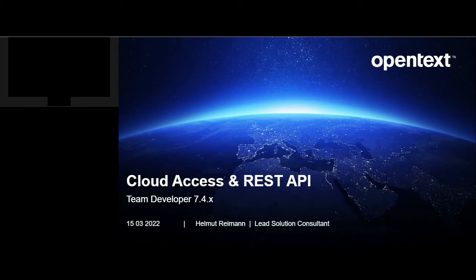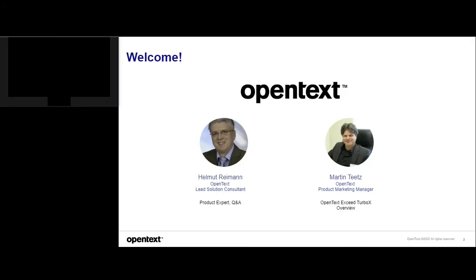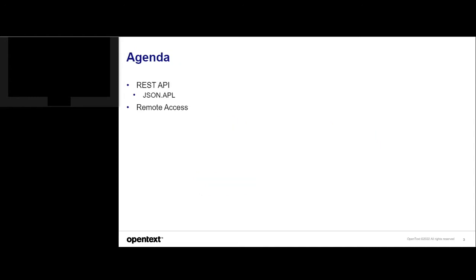For this application, I got the target and the job to get a nice application built, and this application should use our REST API to contact our Exceed TurboX server, because we have to set up proof of concept environments several times, and sometimes it's really a long story to get every user included into an application.